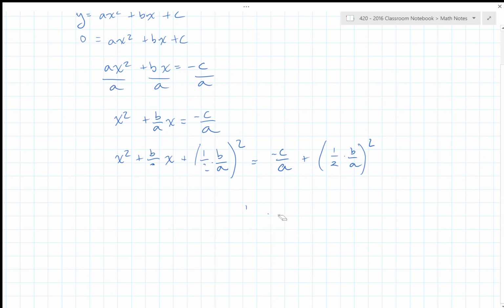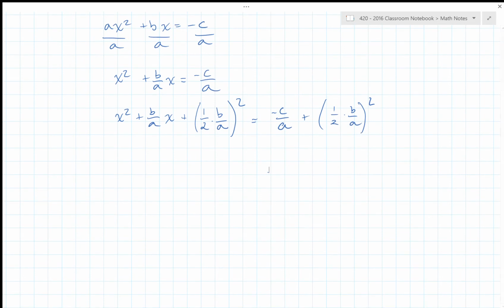So the square root here of 1/2 b over a squared is just 1/2 b over a. So we're going to get x plus 1/2 b over a, all squared.